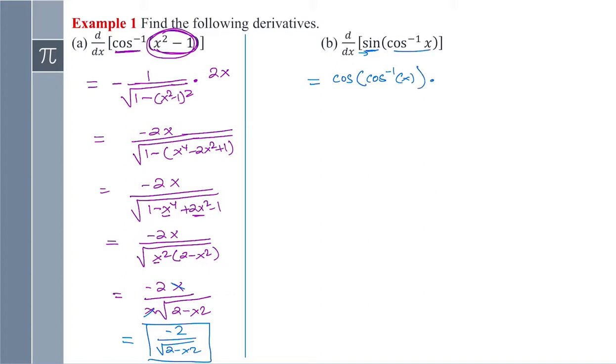The derivative of the cosine inverse function is negative 1 over the square root of 1 minus x squared. And we know that cosine of cosine inverse x is just x. Then times negative 1 gives negative x over the square root of 1 minus x squared. And that's our final answer. Let's look at more examples.